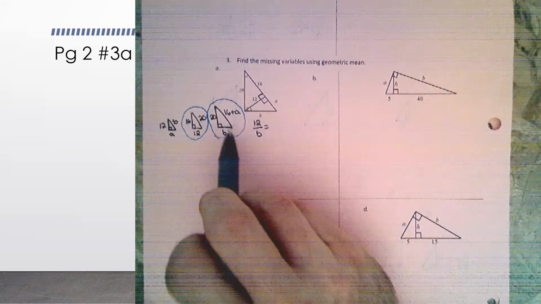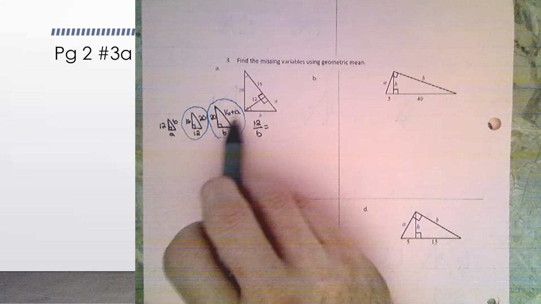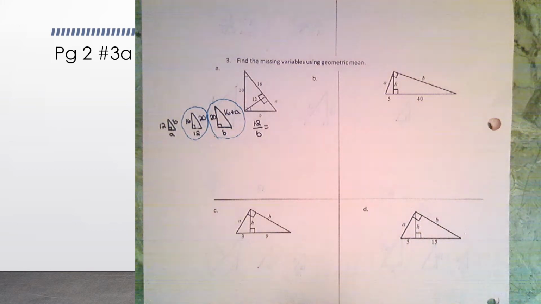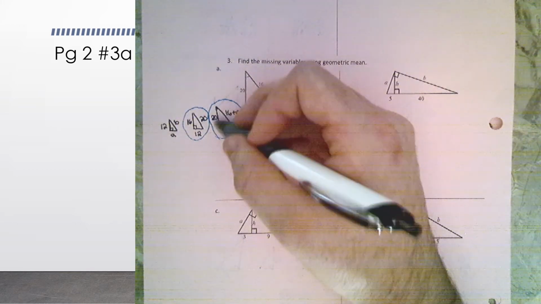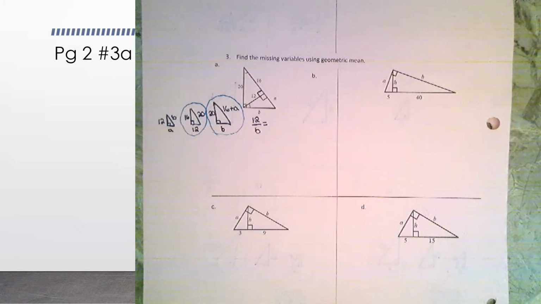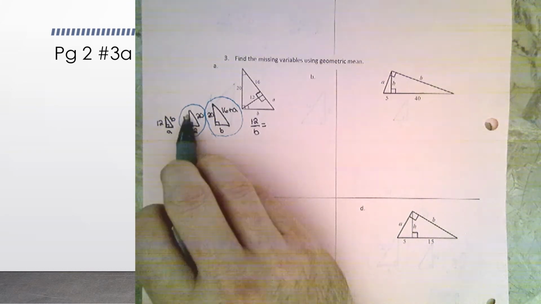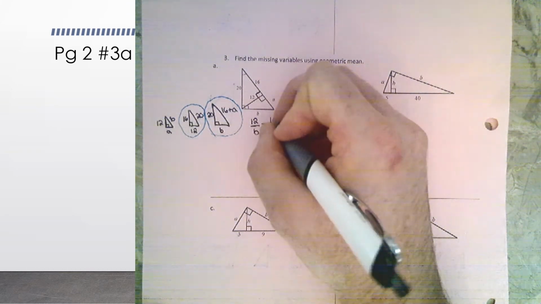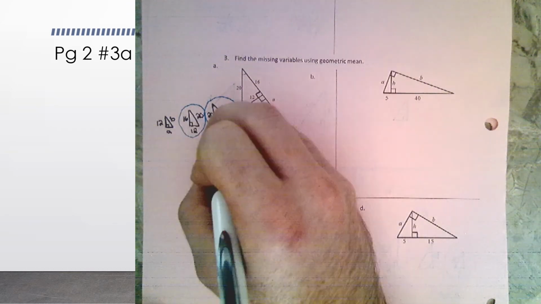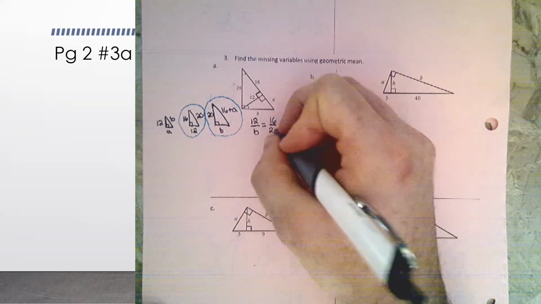Now, I don't want to use the hypotenuse because that one has a different variable. I can't combine a variable that has A and a variable that has B. So I'm going to look at the other leg where I have a number for both. Since I started with 12 on this one, I'm going to start with this triangle again. So I have 16, and 16 goes with the 20.